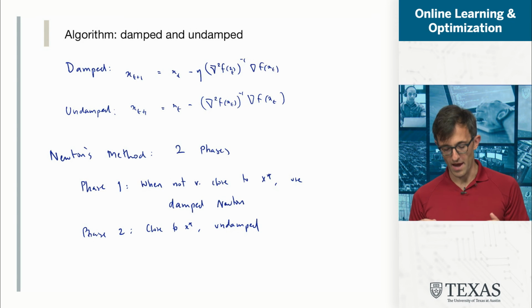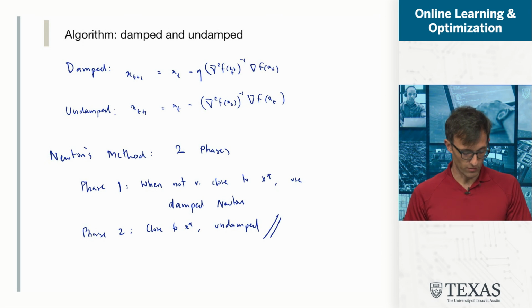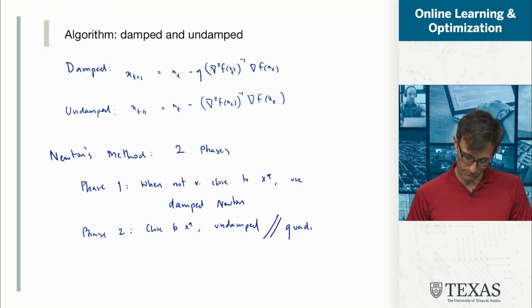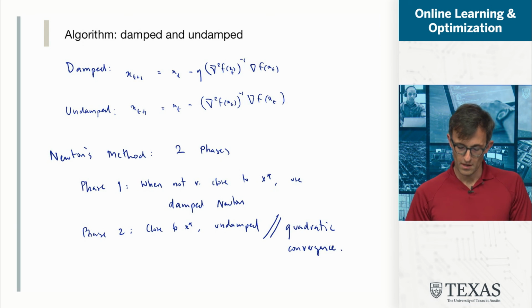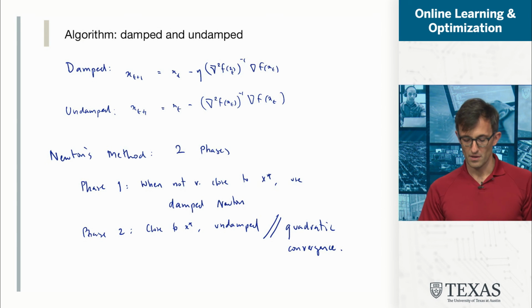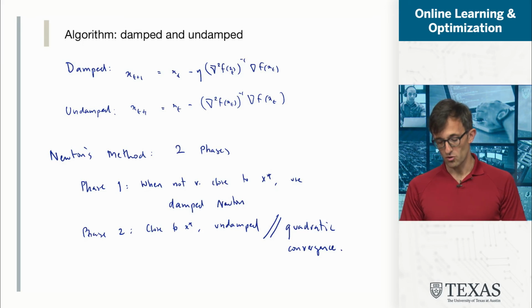So we're always going to have a finite number of rounds of damped Newton, and then we get into this undamped phase, and it's here where we get the region of quadratic convergence. So this is the story for Newton's method, the basic outline. We're going to stop here, and in the next lecture, we're going to talk about a different view of Newton's method, a different origin. We'll pick it up then.